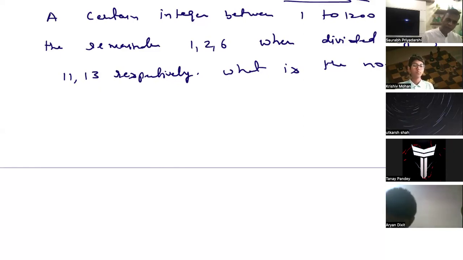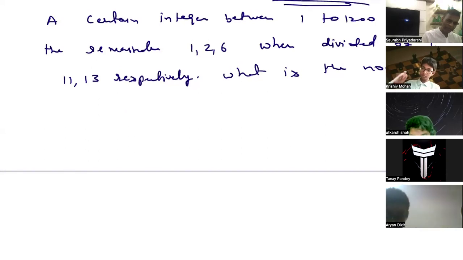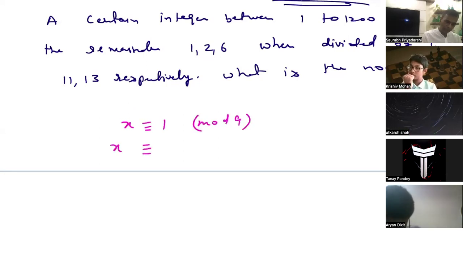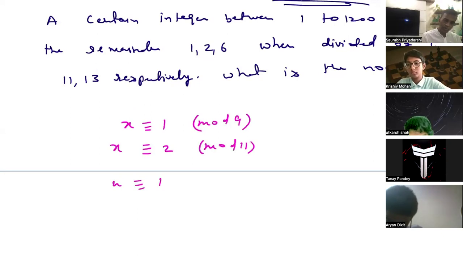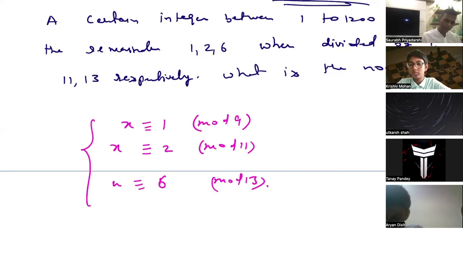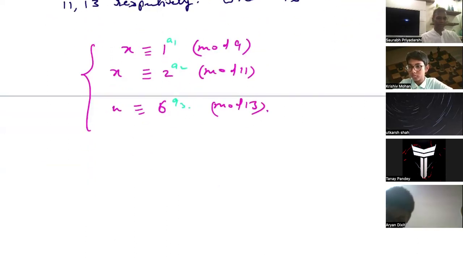Right. So first we have to write down the equations they are giving us, right? When we divide by 9, it leaves remainder 1, so X congruent to 1 mod 9, X congruent to 2 mod 11, and X congruent to 6 mod 13. This is given. These are A1, A2, A3.